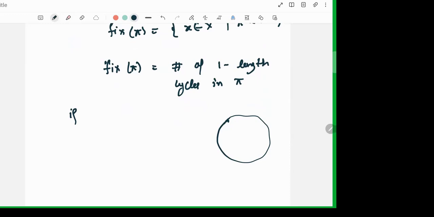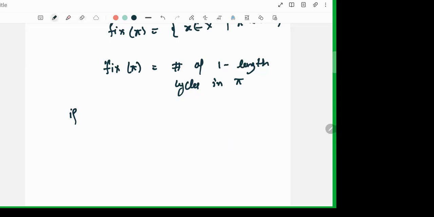Z2 has only two elements, 0 and 1. Treat 0 as the identity, which maps every element to itself, and 1 is basically inverting the elements, which means taking the antipodal image. What is the quotient space under this? You can think about this and tell me later. This is a geometric visualization, that's why I gave it.